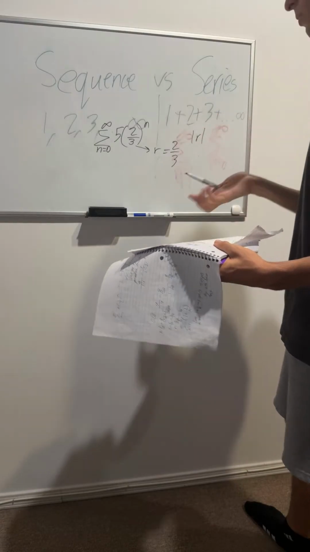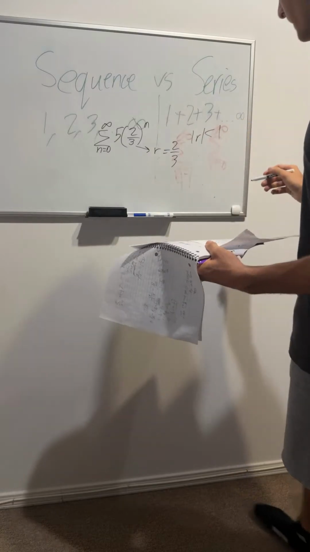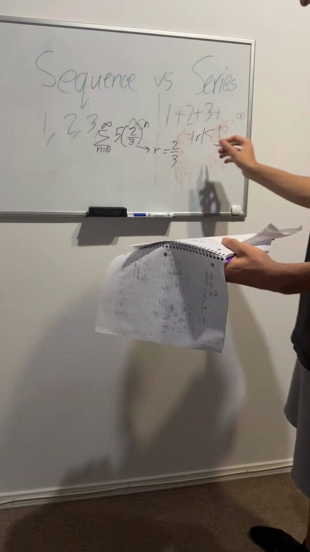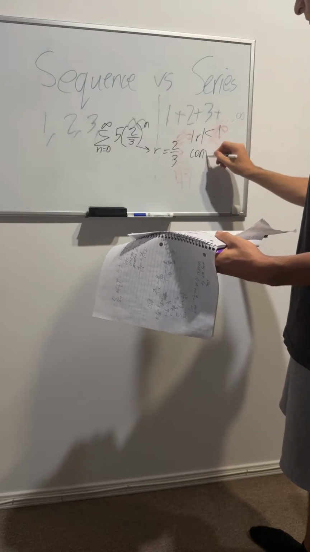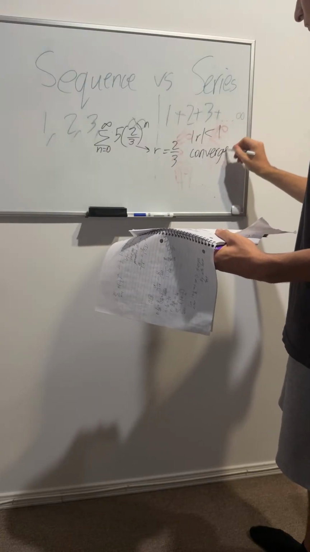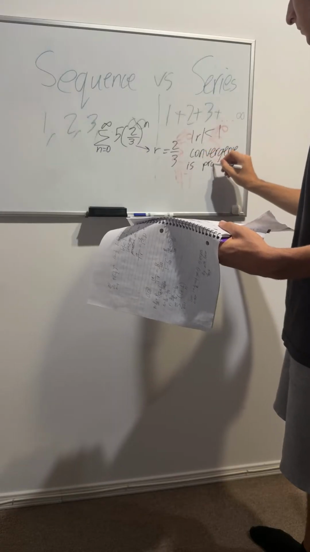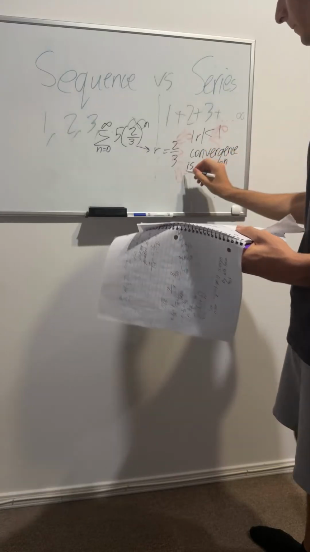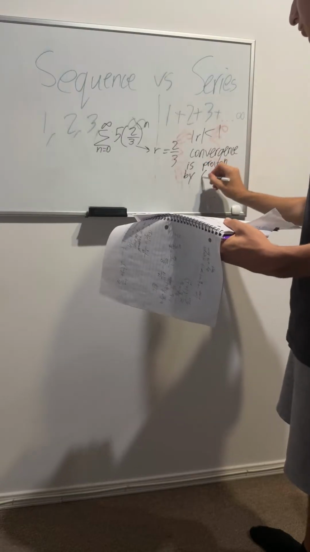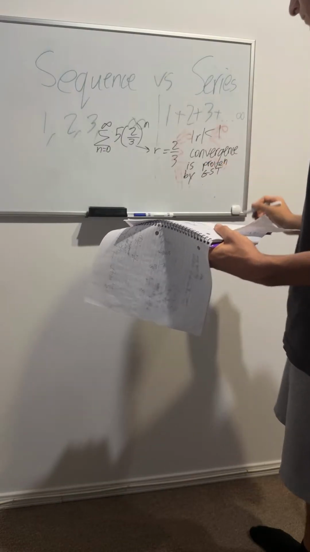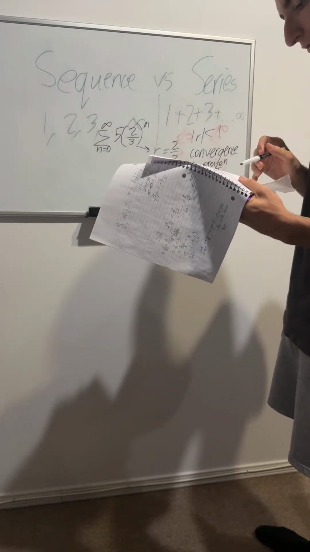Well, it's less than 1. So if it's less than 1, we know it's converging. So the convergence is proven by GST.